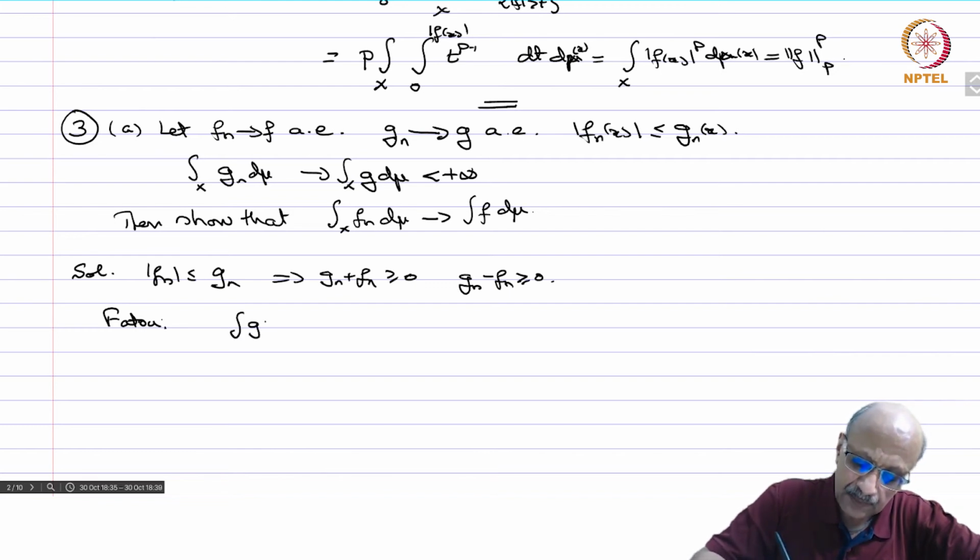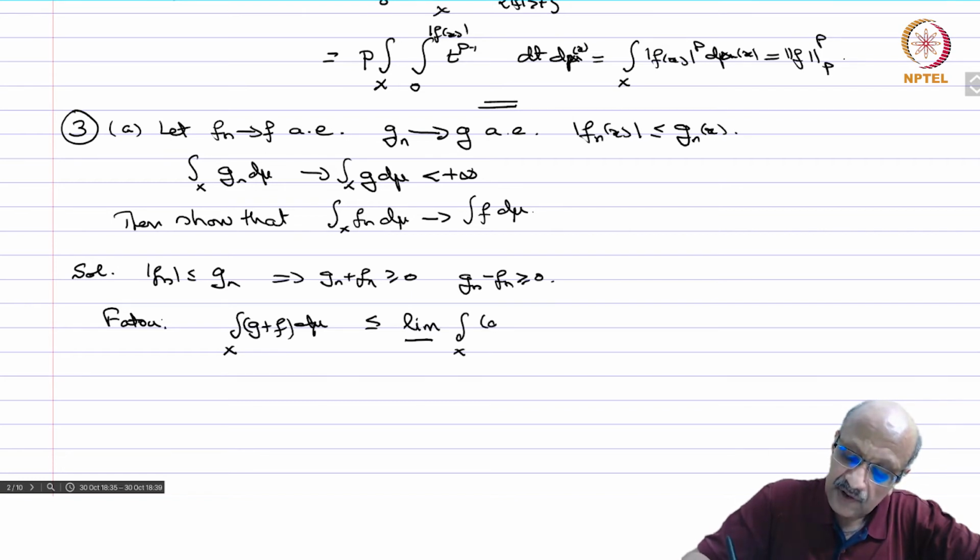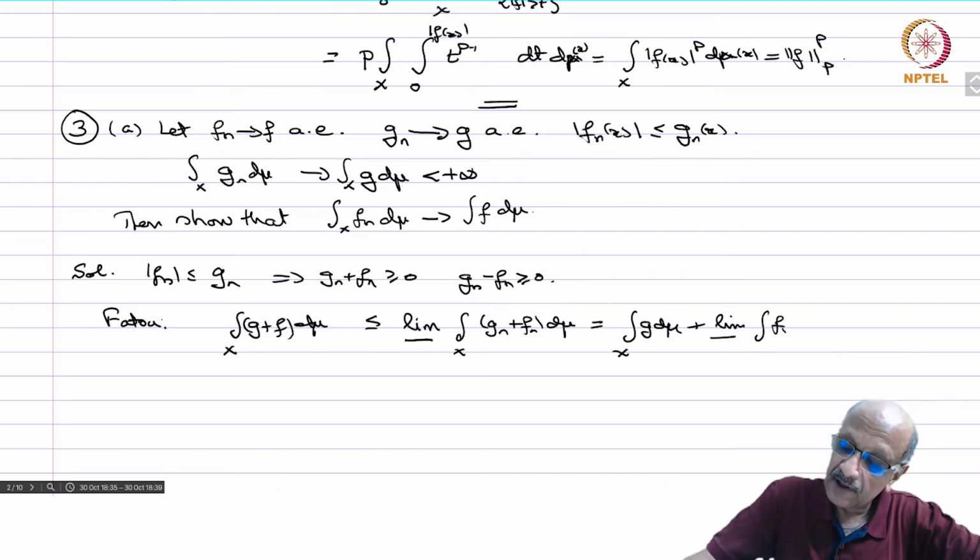So the integral of g plus f d mu over x is less than or equal to lim inf of the integral over x of g_n plus f_n d mu, but g_n actually converges, so this is equal to the integral of g d mu over x plus lim inf of the integral of f_n d mu over x.